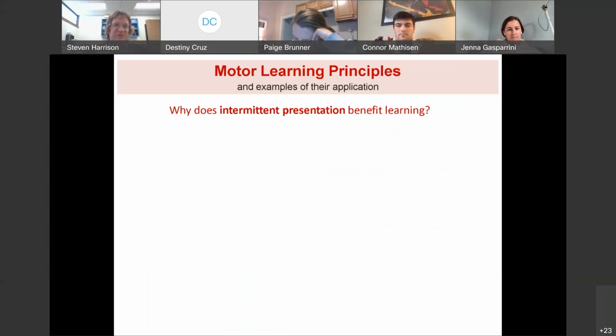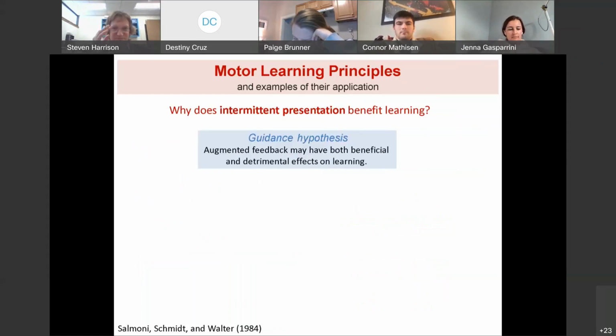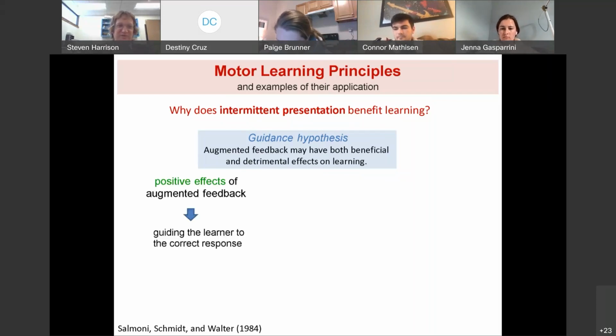Okay, so why does intermittent training benefit learning? A major interpretation that exists out there, and a useful conceptual rule of thumb to hang your hat on, is the guidance hypothesis. The guidance hypothesis states that augmented feedback may have both beneficial and detrimental effects on learning at the same time.